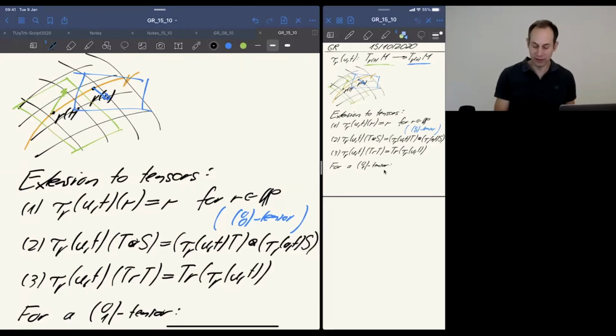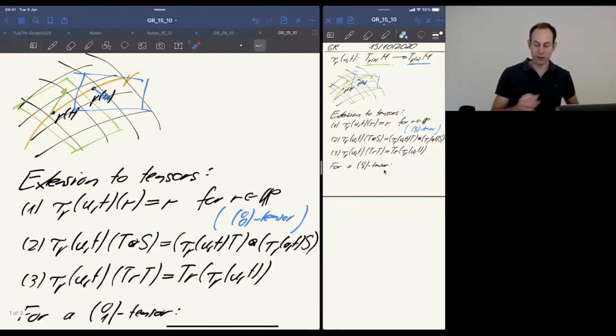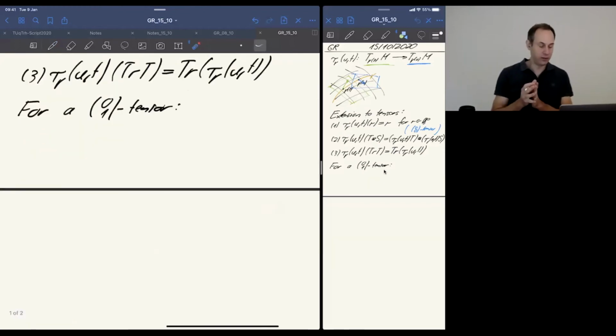And here, indeed, we took a vector here and mapped it to here. But of course, I can then define this map tau everywhere on the manifold. I just need to put the curve that goes through the desired point, and therefore I can transform a whole vector field. So everything I say here naturally generalizes to whole fields, despite the fact that we define it pointwise.